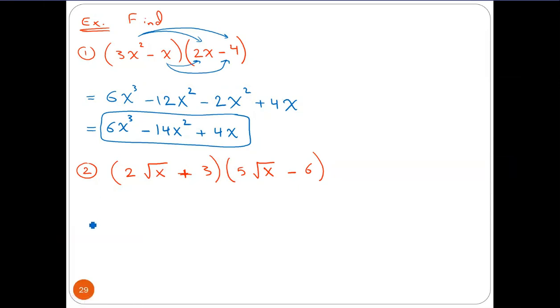This is equal to 2 radical x multiply 5 radical x.